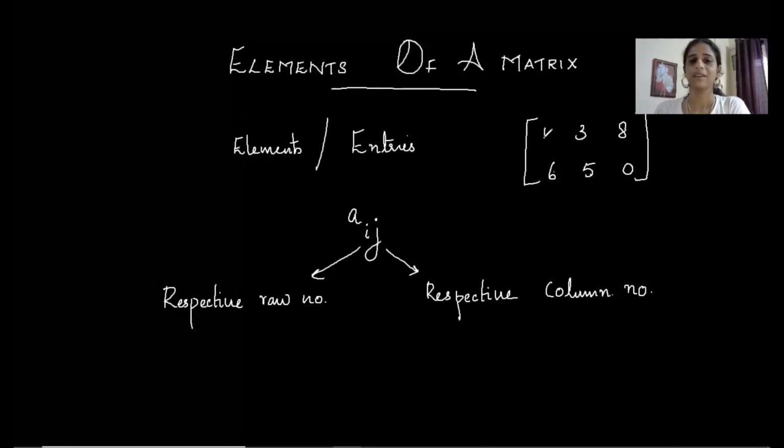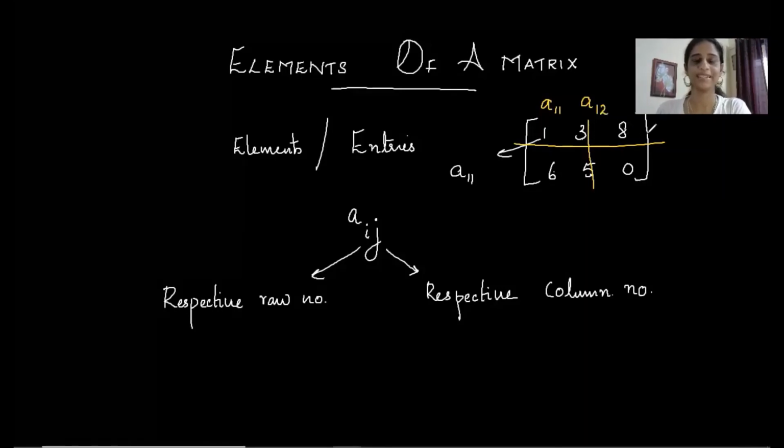Using this, how can you express this 1? This 1 is the intersection of first row, first column, that is A11. What about 3? First row, second column, right? 3 belongs to the first row, second column. So 3 is A12.